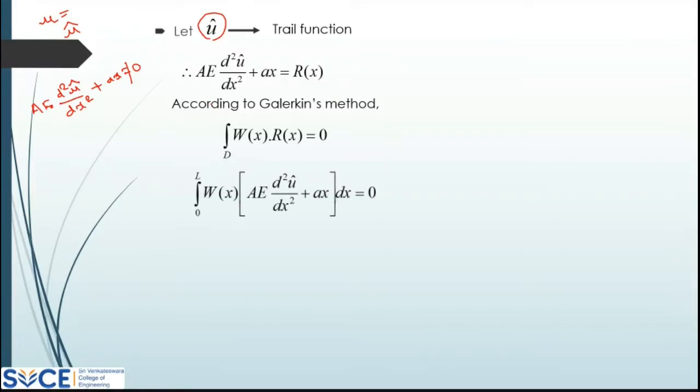Anyway, let me call it as w of x. Substituting R of x, AE d square u cap by dx square plus ax. Multiplying this, I am getting integral 0 to L w x AE d square u cap by dx square dx, this is one term, plus integral 0 to L w x a x dx is equal to 0, this is another term.